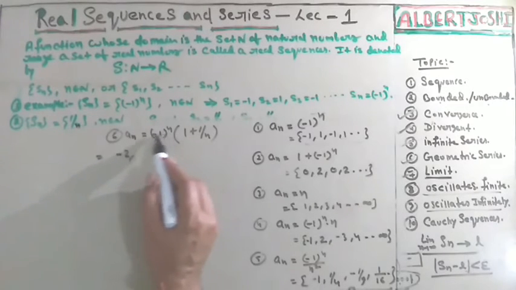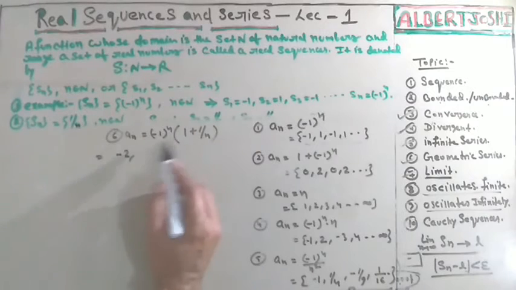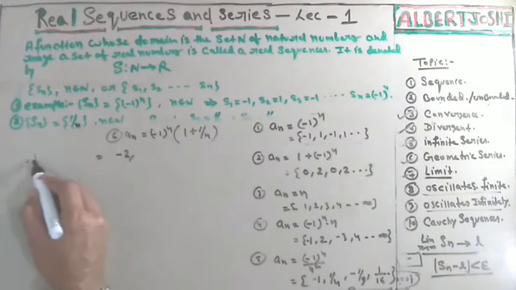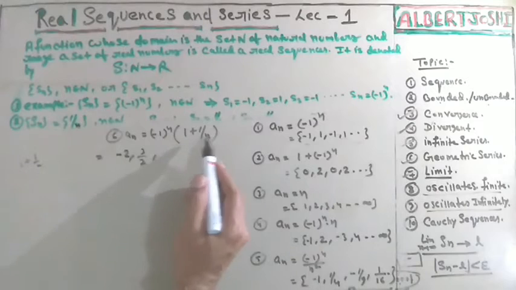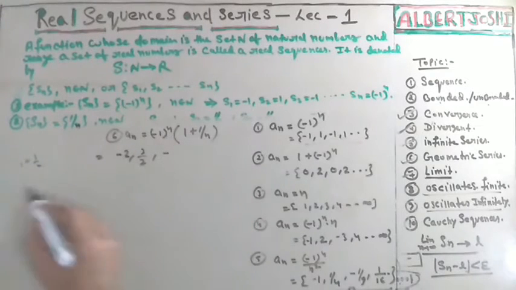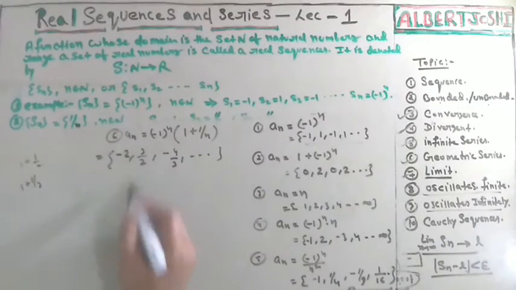If you put n = 2, then this is positive, and 1 + 1 upon 2 is 3 upon 2. Then if you put 3, then this is negative, and 1 + 1 upon 3 is 4 upon 3. Such types of values you are getting.